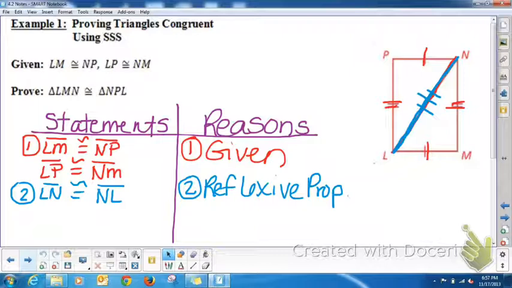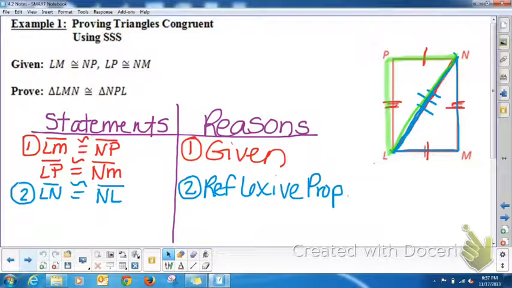Using the reflexive property of congruence, something's congruent to itself. It's the same line segment, just included in both triangles. It's in this triangle, LMN, and also in this triangle, NPL. So therefore, it's congruent to itself.